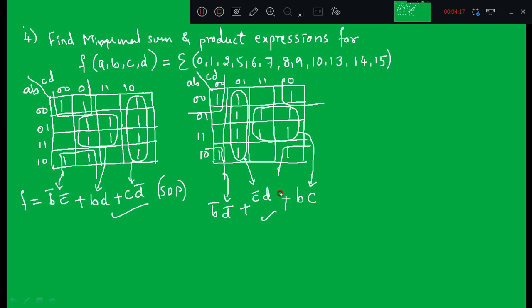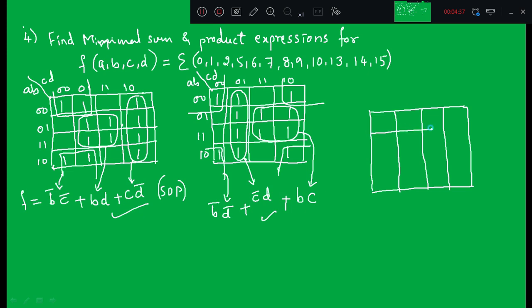So next we have to obtain the minimal product term, or I can call it POS, right? So for POS, the cells which are empty, you have to fill them with zeros, right?